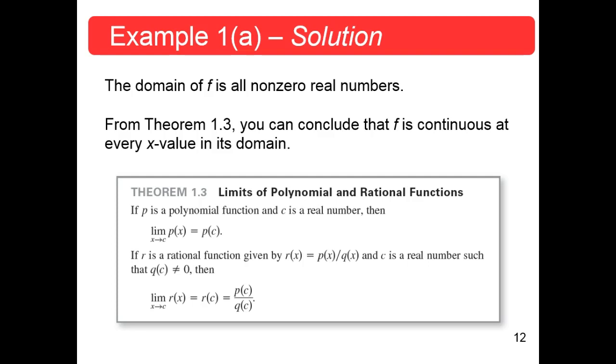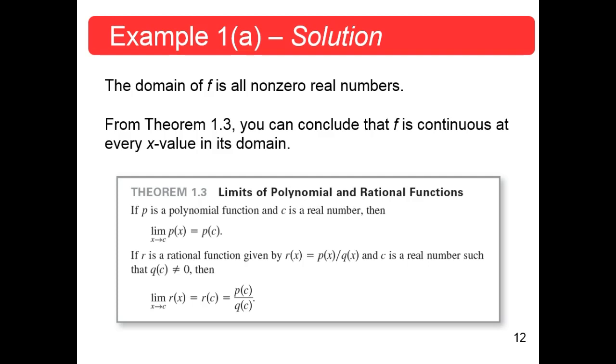If r is a rational function and c is a real number such that q of c is not equal to 0, then it's going to be continuous, and r of c will be p of c divided by q of c. So that's going to be continuous everywhere q of c is not 0. Any value where q of c is equal to 0, discontinuity, guaranteed.